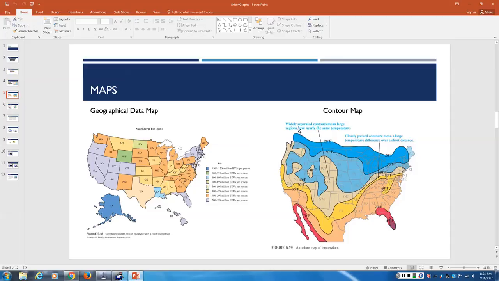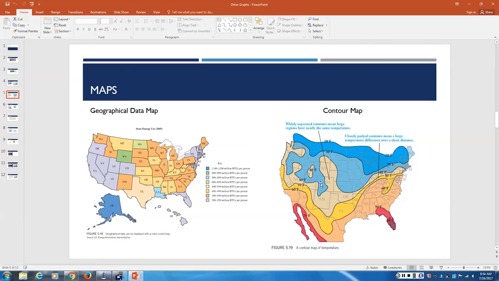And notice here it says that the widely separated contours mean large regions that have nearly the same temperature. So it's kind of odd that all of these have almost the same temperature, but then again, not maybe as much as you would think, because that's the central part of the country. They don't have as much change in weather patterns as the coastal areas do.